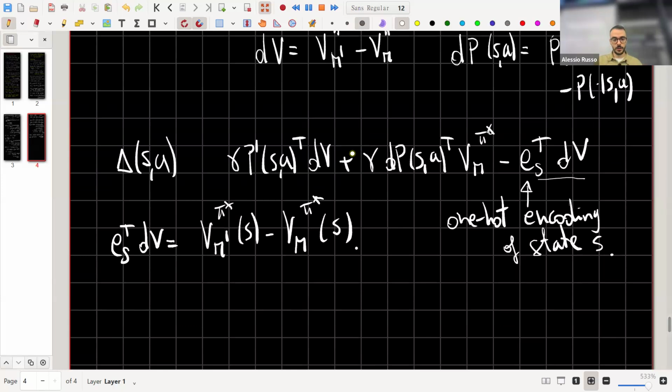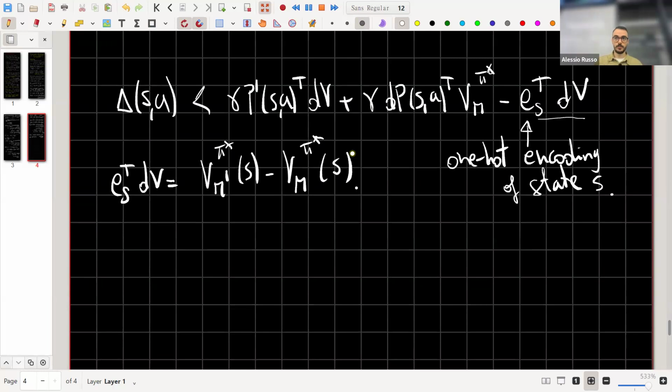And here we have strict inequality. And so the final inequality is this one.